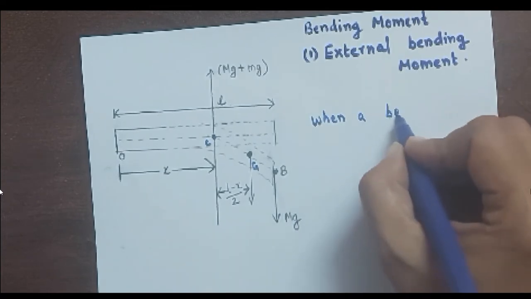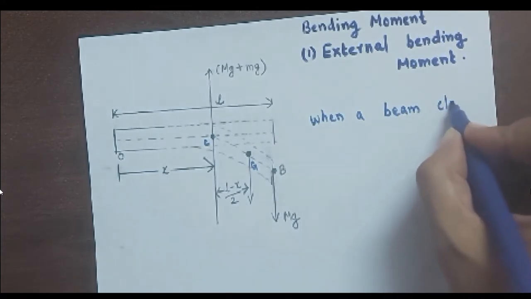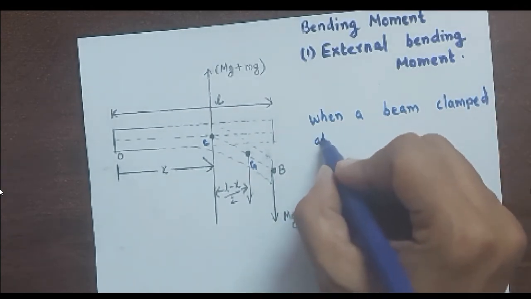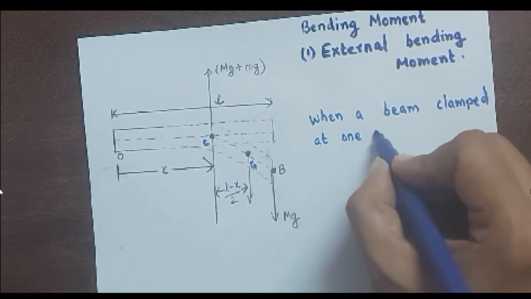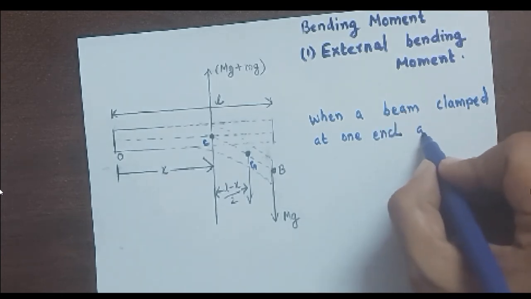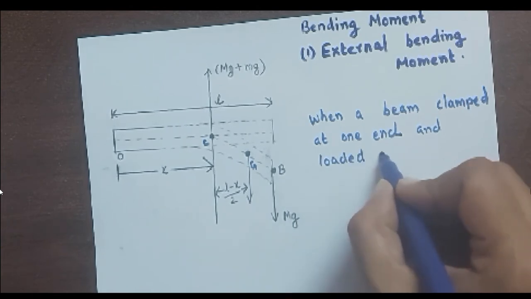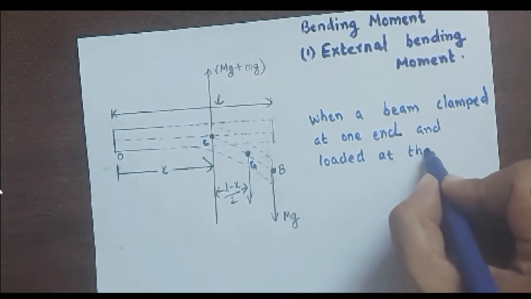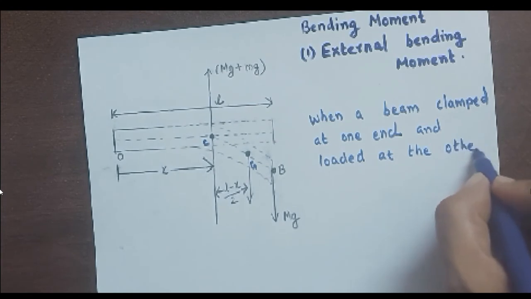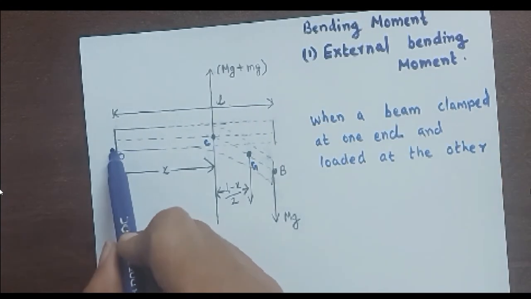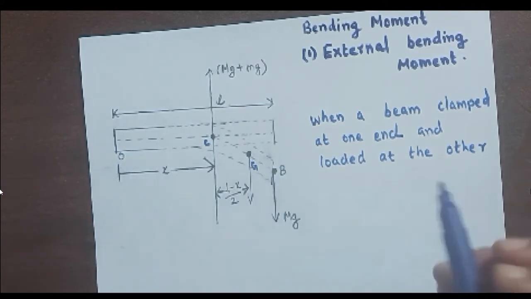When a beam is clamped at one end and loaded at the other. The beam is clamped at one end. Here it is clamped over here and it is loaded in this position.